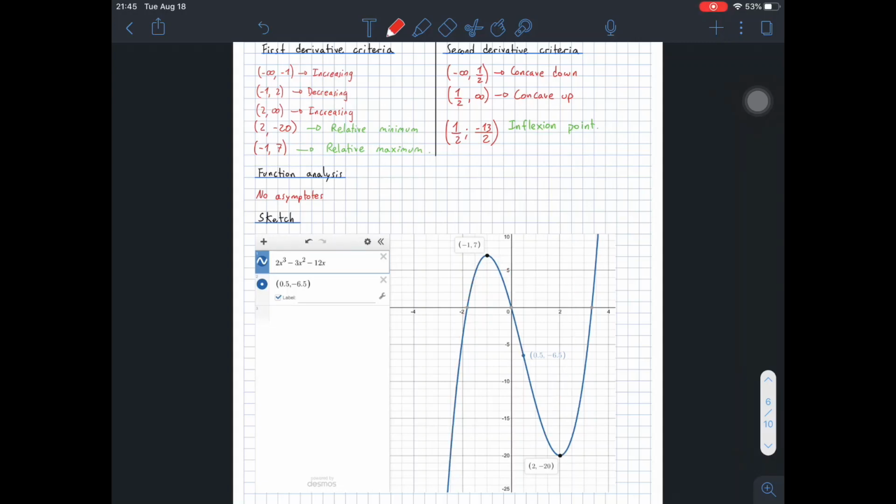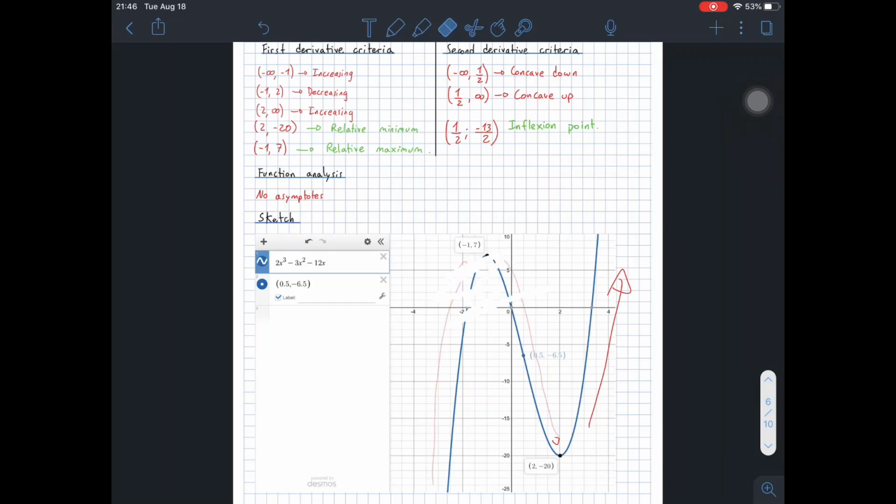You could see that from negative infinity to negative one, up here, the function is actually increasing, right? Which is what we have written here. Then from negative 1 to 2, from here to here, the function is decreasing according to our interval. And from 2 to infinity, the function is again increasing. So that's exactly what we have here, okay?